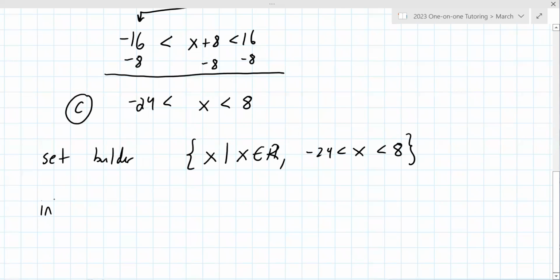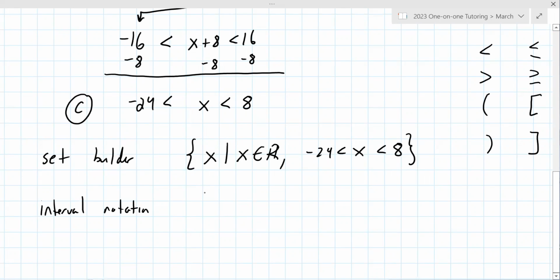Interval notation is based on what kind of symbols you have here. The less thans and greater thans go with parentheses. The less than or equal to and greater than or equal to go with brackets.